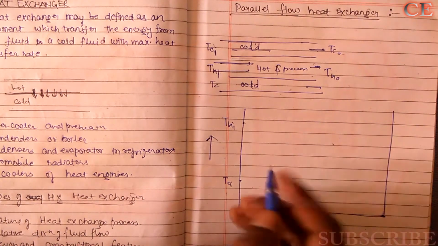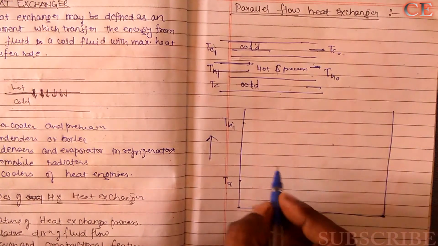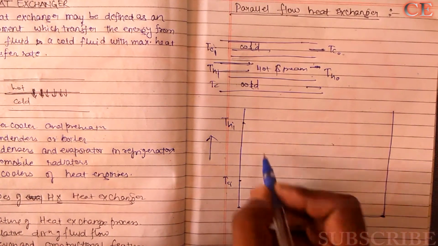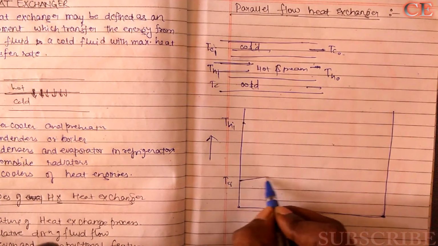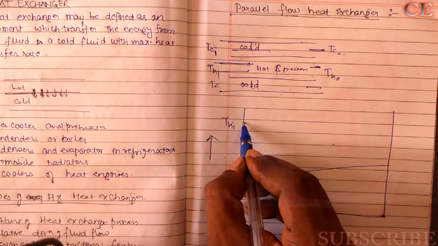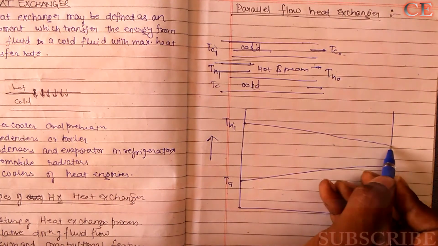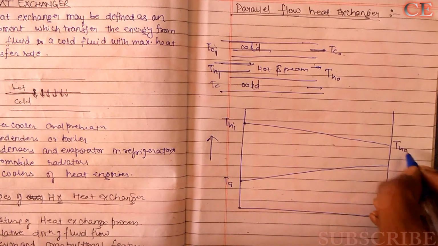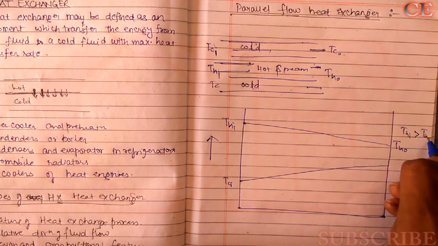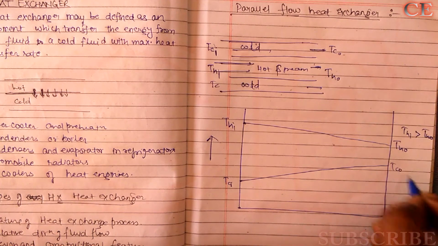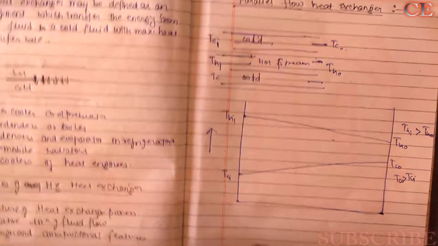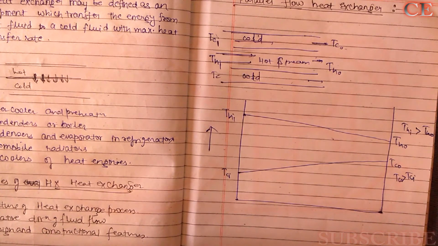Now when the fluid moves forward, the hotter fluid gets cooled and the cooler fluid gets hotter, so the temperature will rise. Similarly for the hotter fluid, the temperature falls. So the final temperature THO will be lower than THI. So here THI is greater than THO, and similarly TCO would be greater than TCI. So this is the working of the parallel flow heat exchanger.